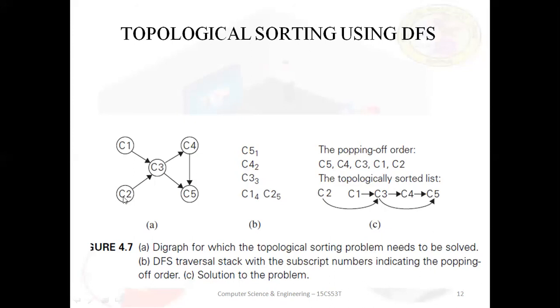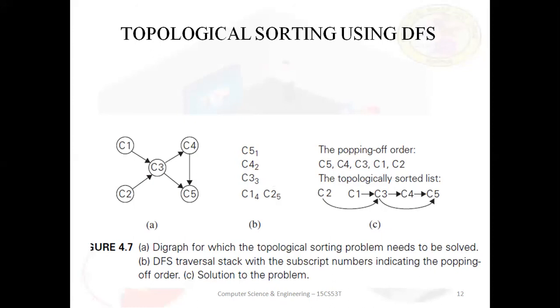As C2 has an outgoing edge to C3 and C3 is already visited, we come back to C2 and remove C2 at the end. That's why C2 is the last vertex that is removed from the stack.